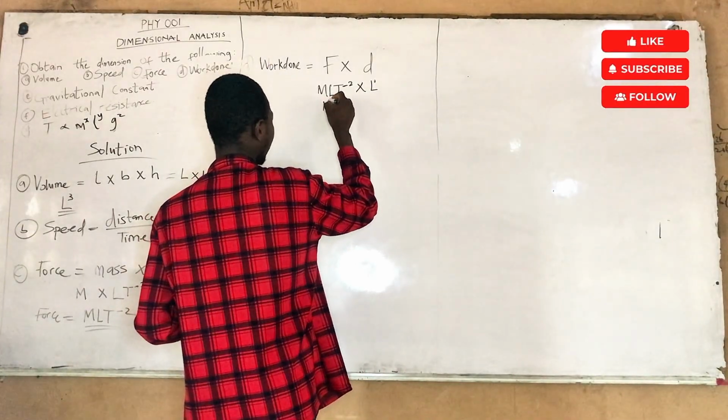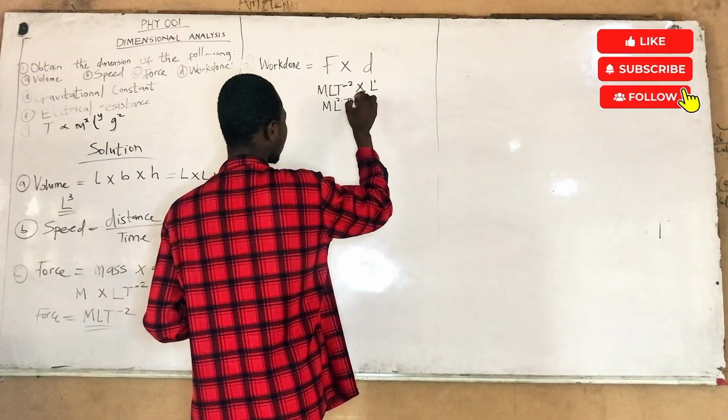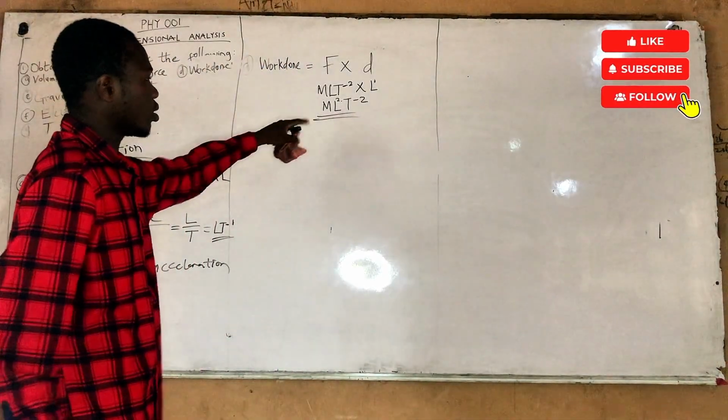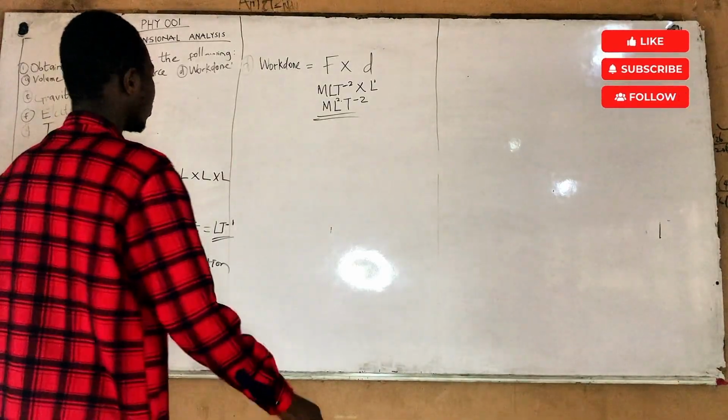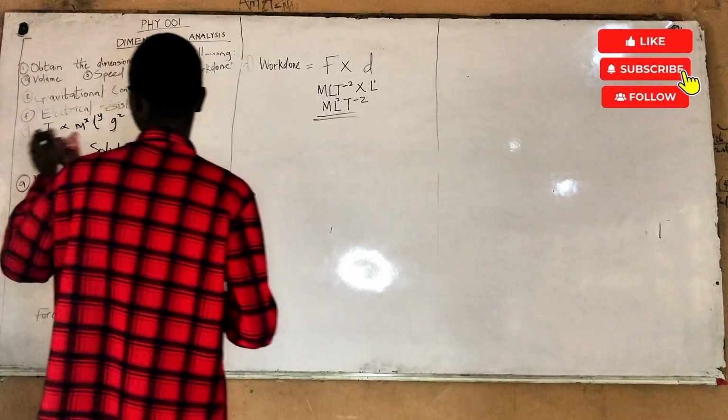You have M L squared t raised to power minus 2. That's the dimension for work done.